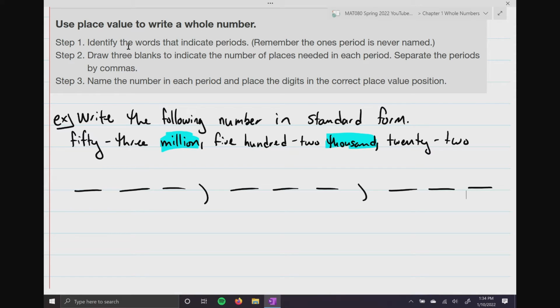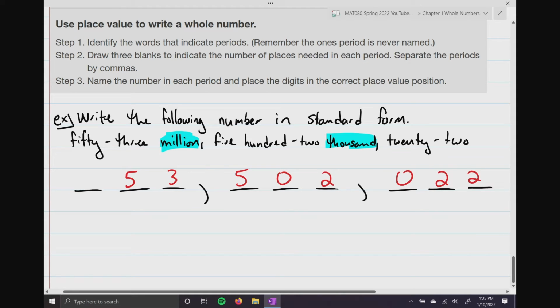So when you see the number 53, all we need are just 2 place values for that. Then we see 502, so 502, and then 22. So we put a 0 because all we need is just 22. So to make it look nice and pretty, we would just write 53,502,022. Okay?